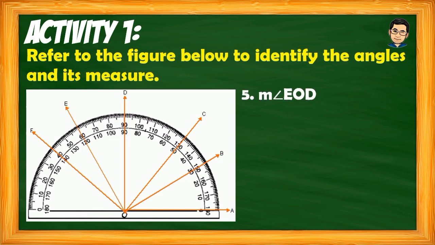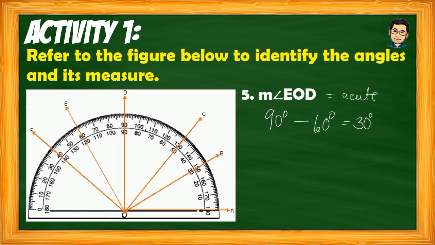Number 5, EOD. So sa EOD po natin, again, isa po siyang acute. So, ang kukunin natin dito, yung sa side ng D, 90 degrees. And then sa side ng E is 60 degrees. So, 90 degrees minus 60 degrees is equal to 30 degrees.